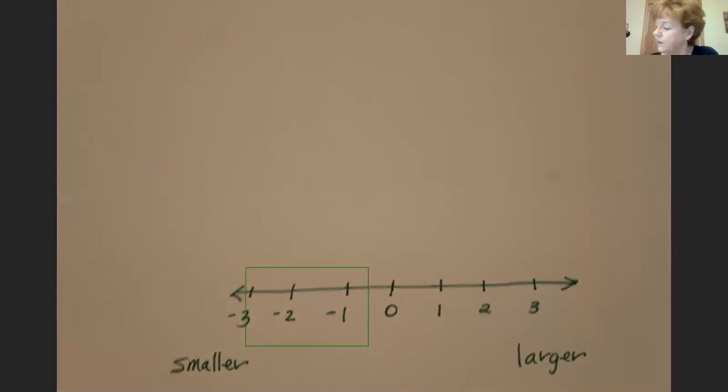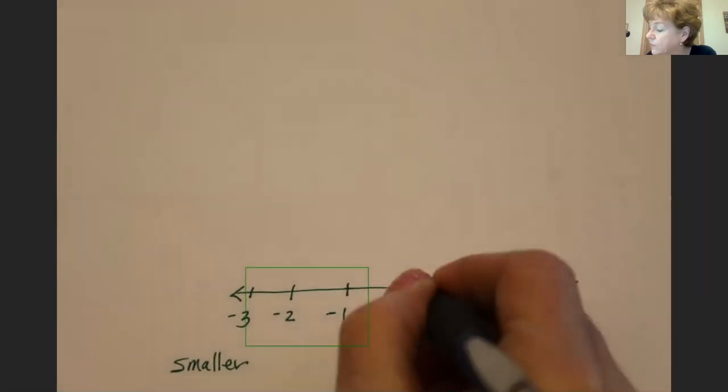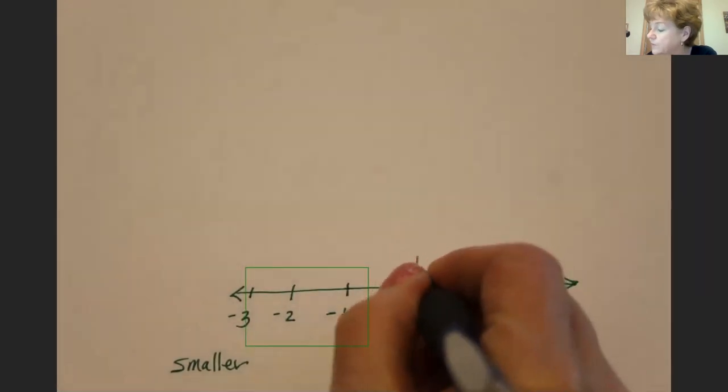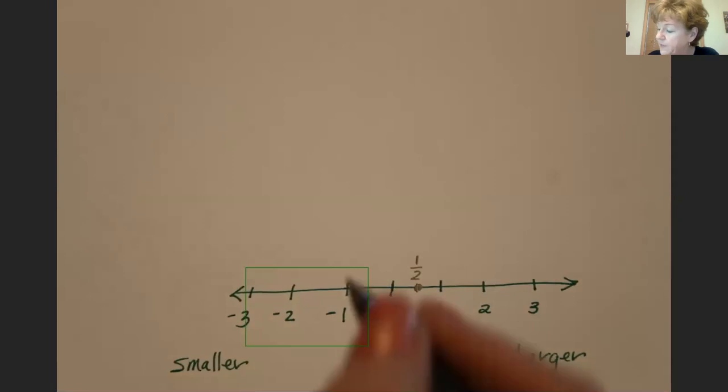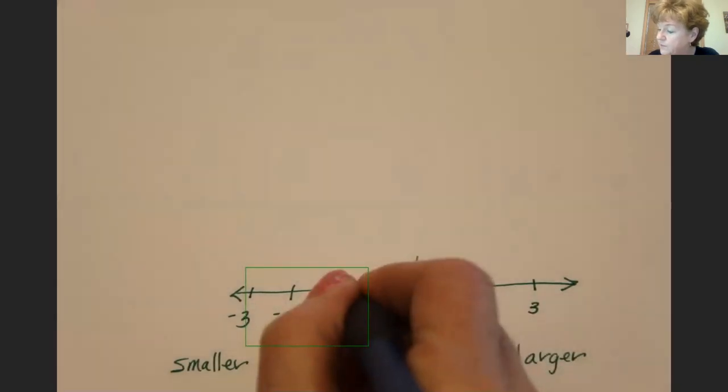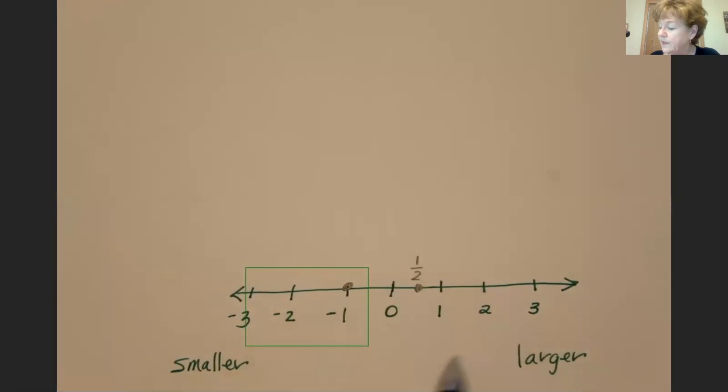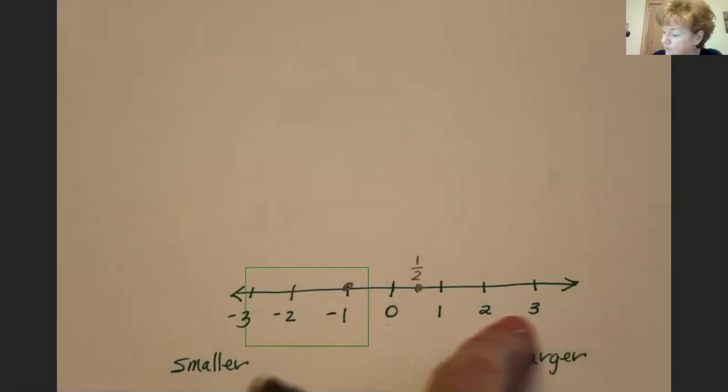Let's look at the number 1/2. 1/2 would be right about there on our number line. It's greater than 0, but it's less than 1. It's in between 0 and 1. And then let's put on the number line -1. Since -1 is encountered first as you go up your number line, -1 is a smaller number than all the numbers to the right of it on the number line.